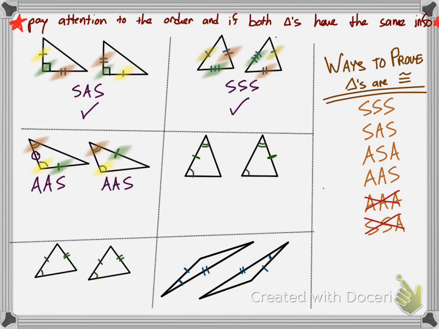Now, normally we could use this. However, I want you to look at the information. Notice where the side is located, what I have marked in green. The non-included side here is next to the yellow angle. The non-included side in the second example is next to the orange angle. So those non-included sides, they are in different positions.